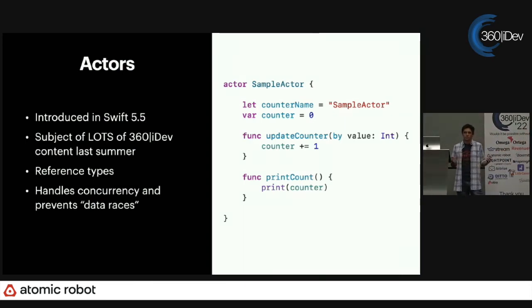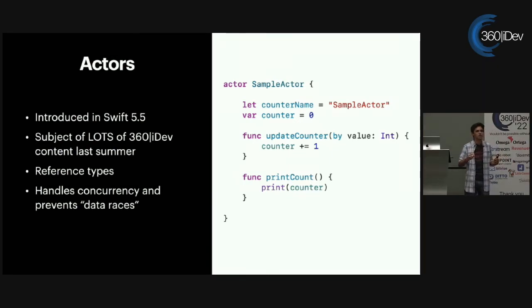I'm not going to go too in depth with this, but they're these magical things that essentially fix data structures. How they do that, don't worry about the implementation. But what they're going to do is make sure that whenever you're trying to access data from two different places, only one of those is going to be completed at a time, to make sure that you're not changing something as you're reaching into it.